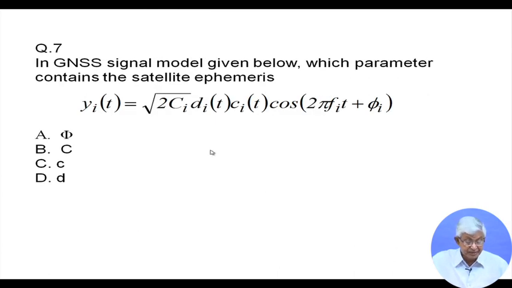This is a GNSS question. In the GNSS signal model given below, which parameter contains the satellite ephemeris?